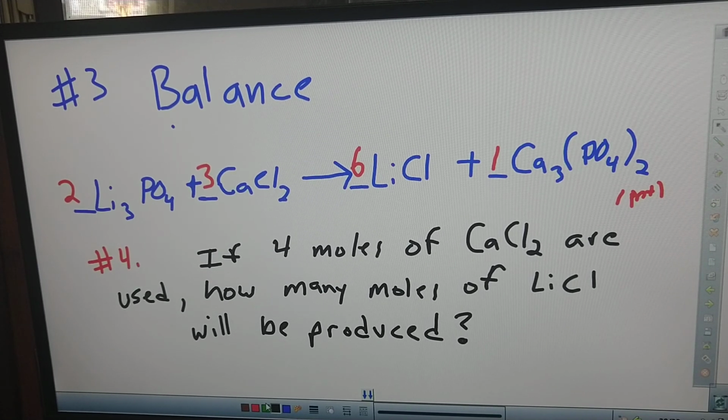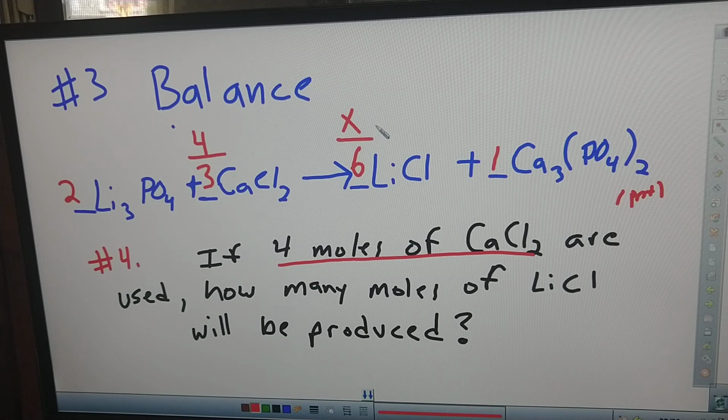Okay, here's the answer to number 4. We're going to use 4 moles of calcium chloride. Okay, so we're going to use 4 here instead of 3. And we'll make how much of this instead of 6? 4 is to 3 as X is to 6.